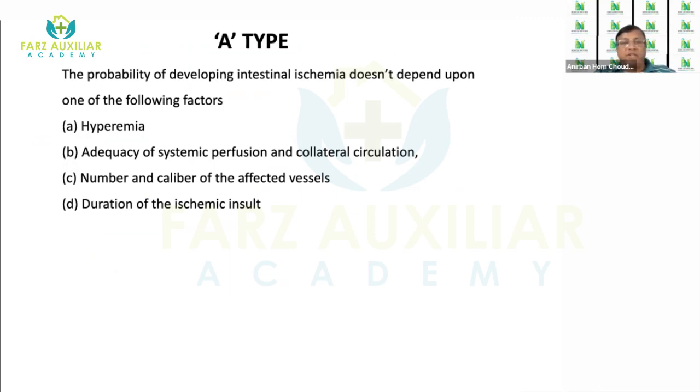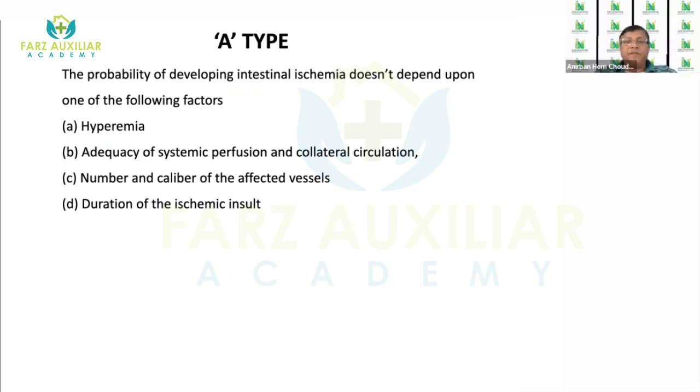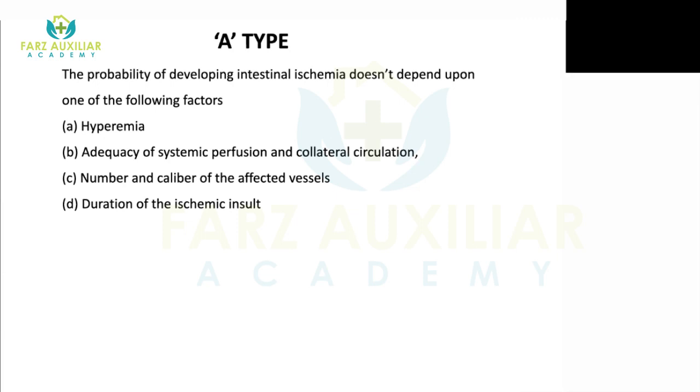Moving on to the second question. The probability of developing intestinal ischemia doesn't depend upon one of the following factors. The choices are hyperemia, adequacy of systemic perfusion and collateral circulation, number and caliber of the affected vessels, or duration of the ischemic insult.